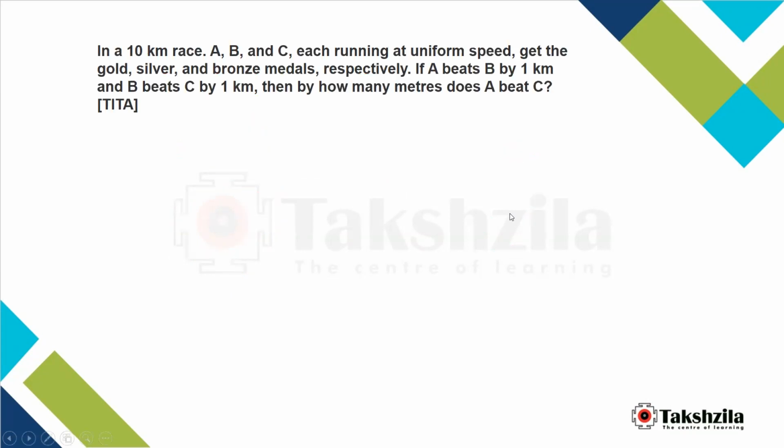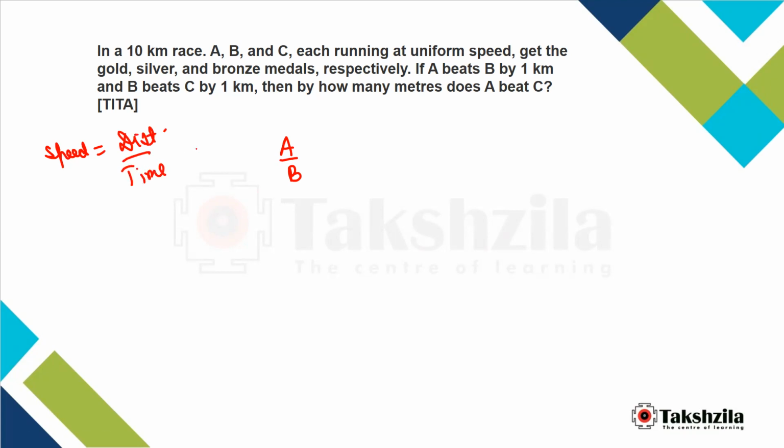Question number one: in a 10 kilometer race, A, B, C, each running at a uniform speed, get gold, silver, bronze medals. If A beats B by 1 kilometer, we can write speed of A upon speed of B. We'll write the relation here: speed equals distance upon time.